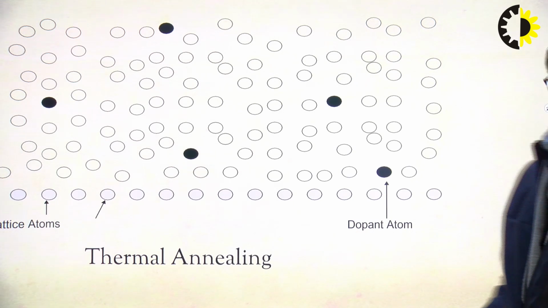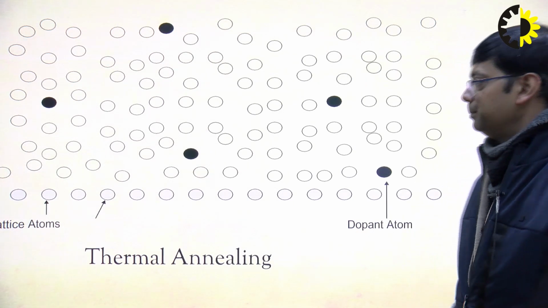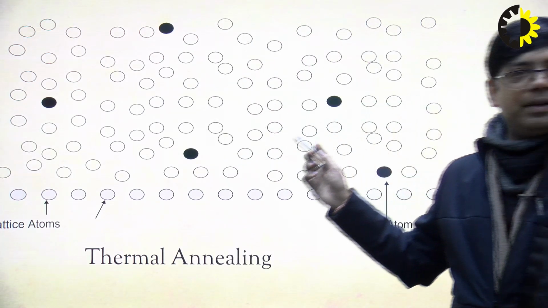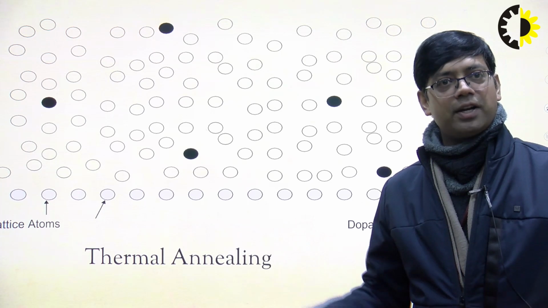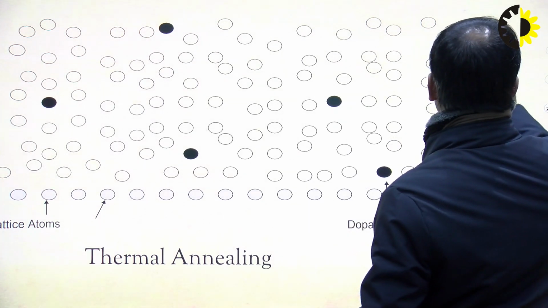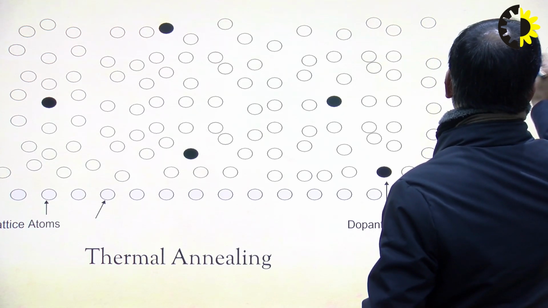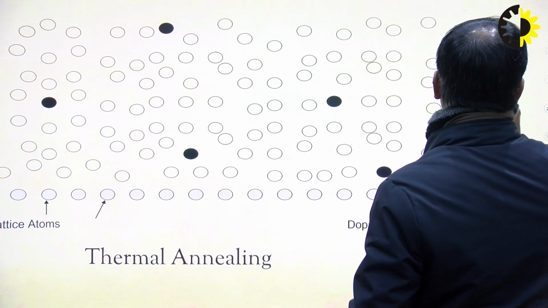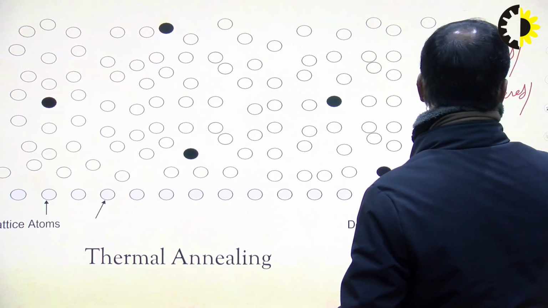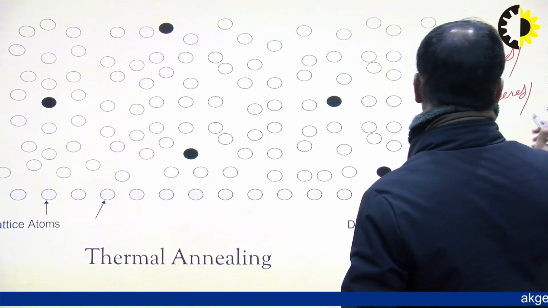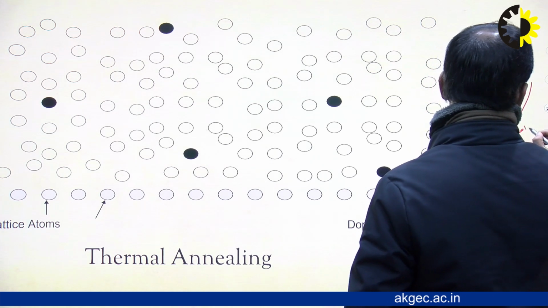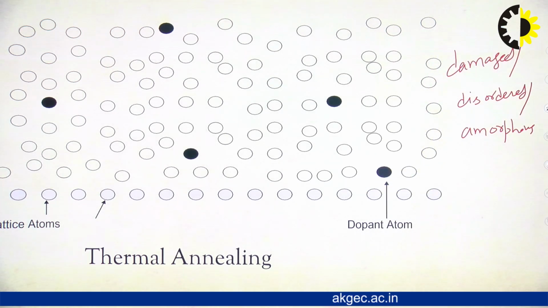So, here graphically we can see the thermal annealing. Here initially the structure is a damaged structure, which is disordered or amorphous, one and the same thing.